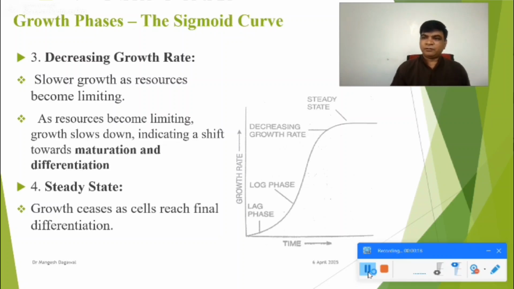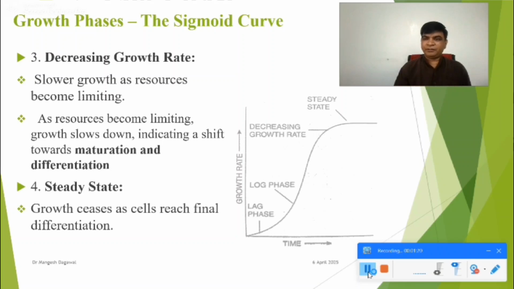This indicates the shift towards the maturation and differentiation of the cell. मतलब जैसे ही ये स्टेप आएगा, इसलिए डिक्रीजिंग ग्रोथ रेट कहा गया है कि जिसमें उसको जो सोर्सेज चाहिए फॉर द ग्रोथ, वो कम होगा, लिमिटिंग होगा। और as the resources become limiting, उसकी ग्रोथ स्लो डाउन हो जाएगी, और ये शिफ्टिंग indicates the shifting toward the maturation and differentiation, यहाँ से उसका डिफरेंशिएशन शुरू होगा, मैच्योरेशन शुरू होगा, और फाइनली next step that is the fourth step that is called the steady state.